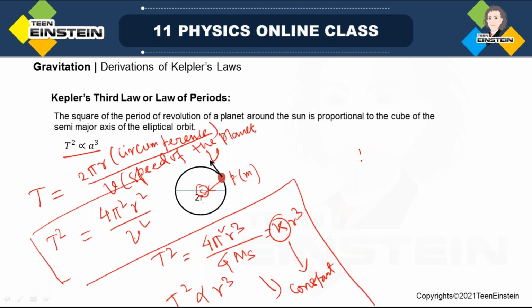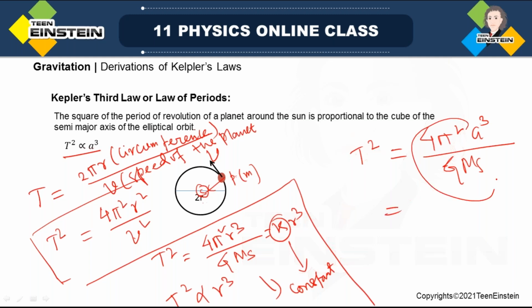So for an elliptic orbit we can write T² is equal to 4π² a³ by G Ms. Okay, so this particular term is a constant term, so we can write it as k a³, and this is T². So this is how we can prove the third law, or the law of periods.